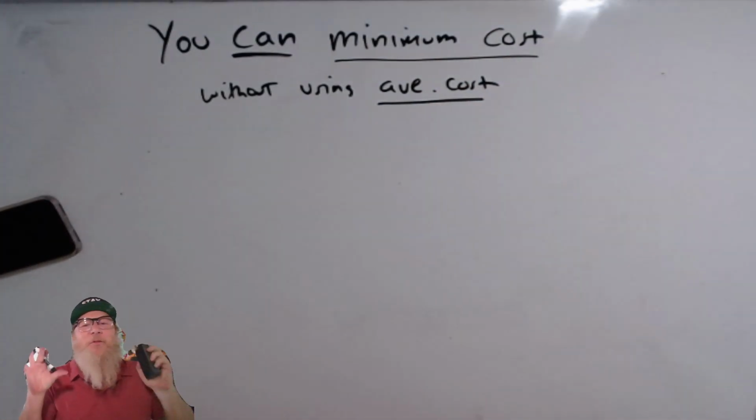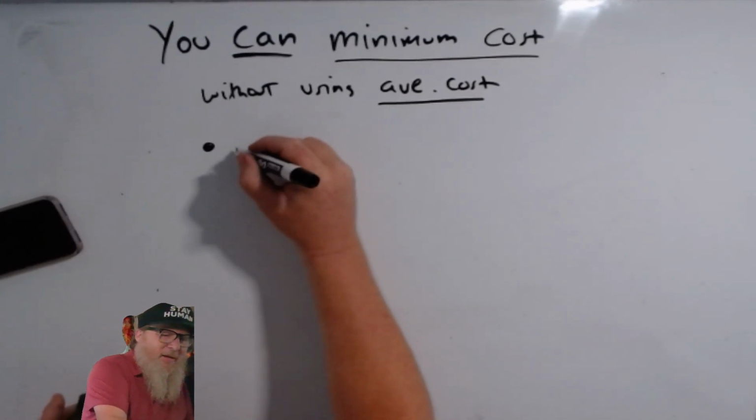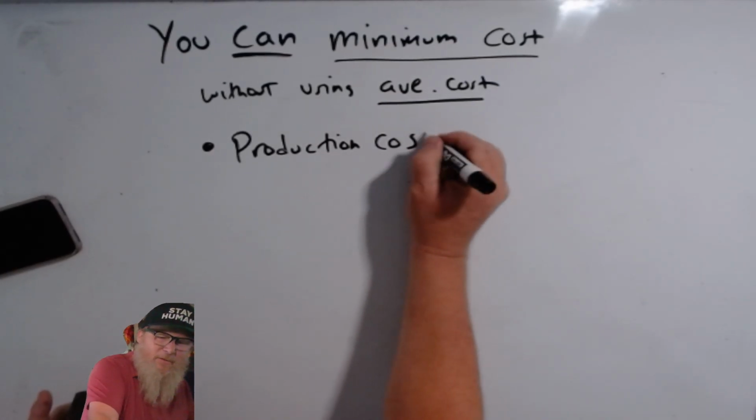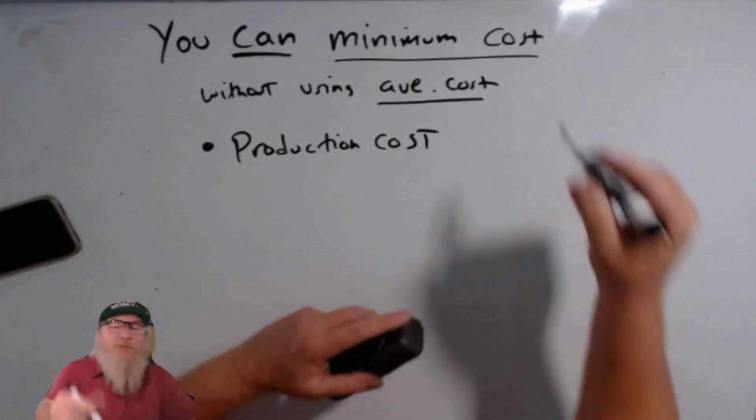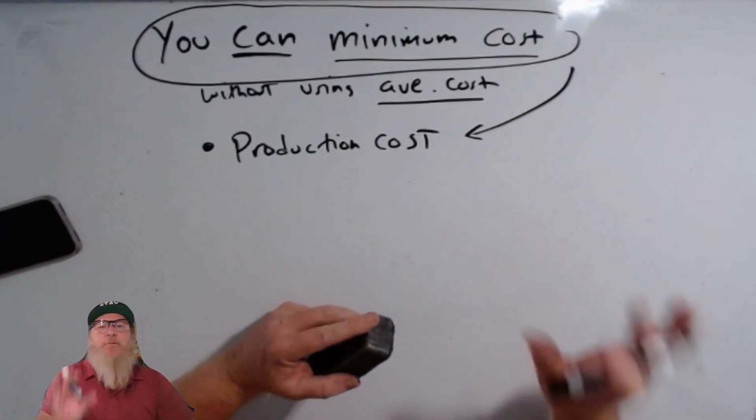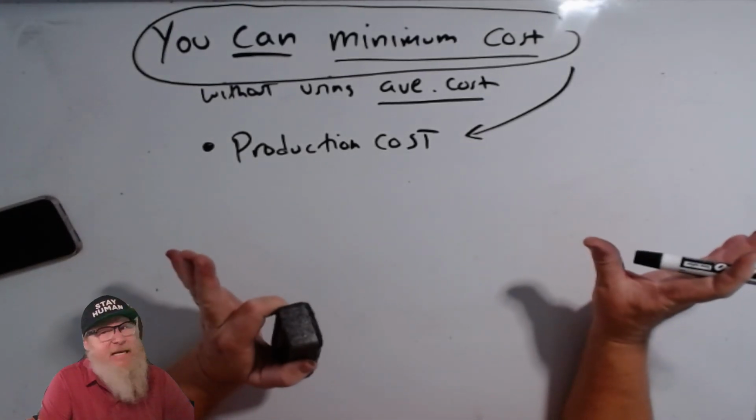There are a couple of things. Production cost. So this is minimizing the actual cost to produce the units, not by taking an average.